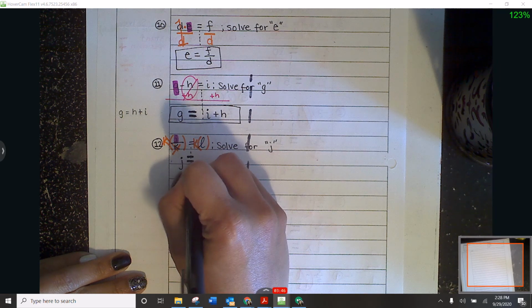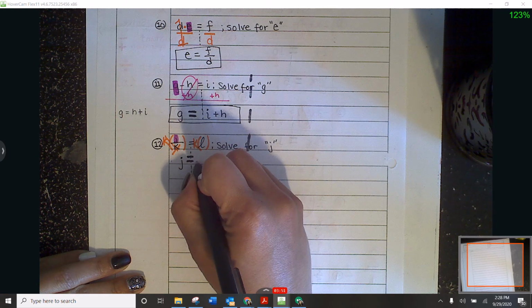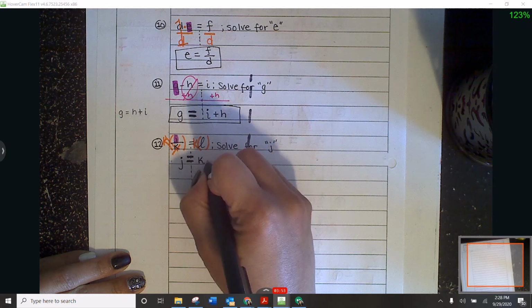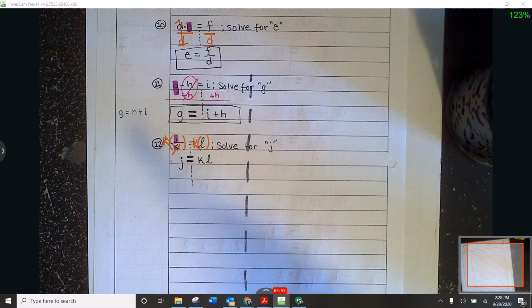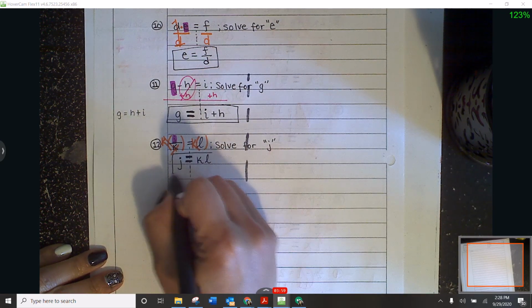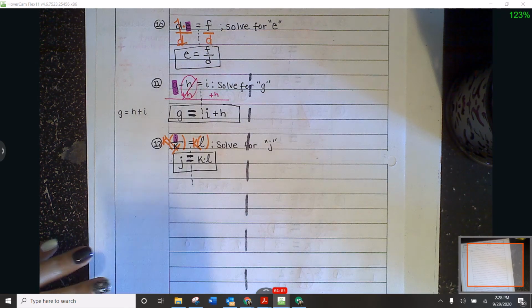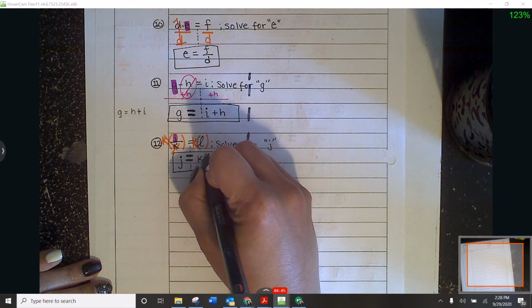equals, well, I could just leave it like that. KL or LK. It doesn't matter the order for multiplication. There you go. And if you wanted, you could put a dot to show that it's being multiplied, or you could even leave the parentheses as well.